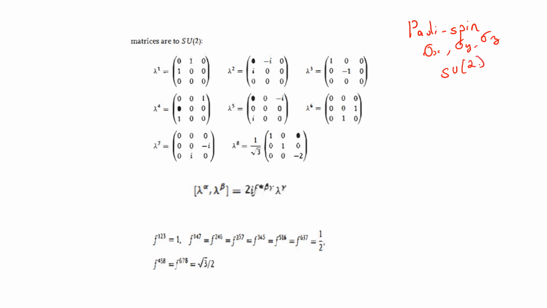Similarly, the corresponding matrices here are called the Gell-Mann matrices, and these matrices have an SU3 symmetry. So again, this entails an understanding of group theory, okay, and particularly continuous groups.